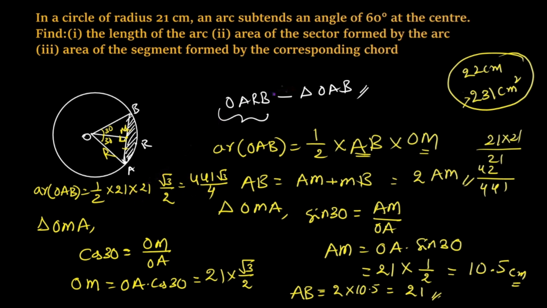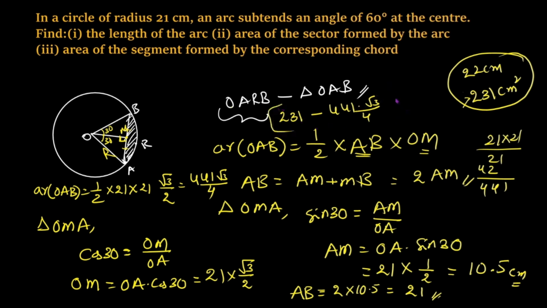So now we have to find the segment area. That means the total sector area minus this triangle area. Total sector area is how much? It's 231, right? So 231 minus the area of the triangle, which is 441 into root 3 by 4.